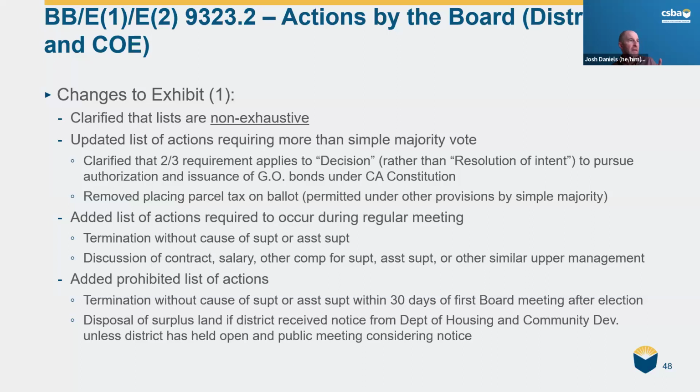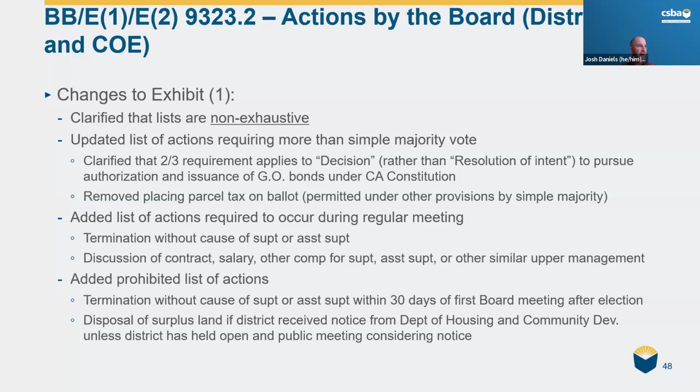We did clarify a few things on the two-thirds list. There's some language around decision versus resolution of intent with respect to GO bonds, and there was a reference to parcel tax placing it on the ballot by an old code provision. There's actually one that exists separately that requires a majority vote, so we corrected that.